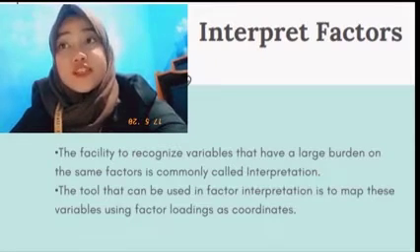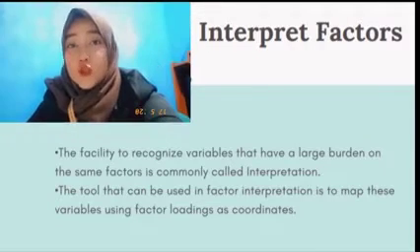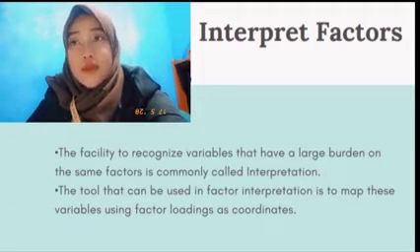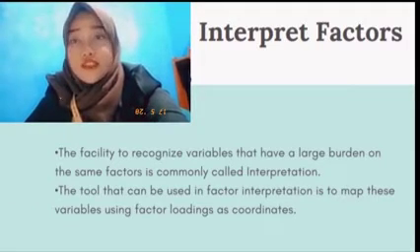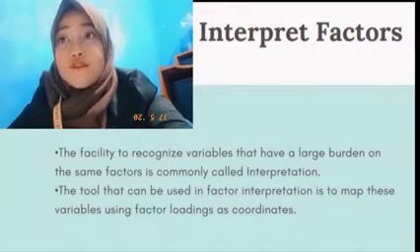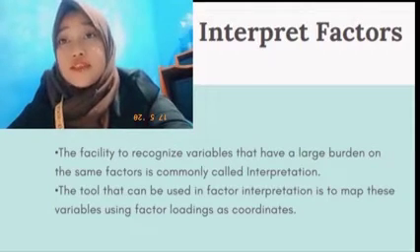It shall be considered a general factor or a defined factor. A tool that can be used in factor interpretation is to map these variables using factor loadings as coordinates. The high loading on a factor is at the end of the axis and explains the factor. Because it is subjective, the result can be different if done by someone else.